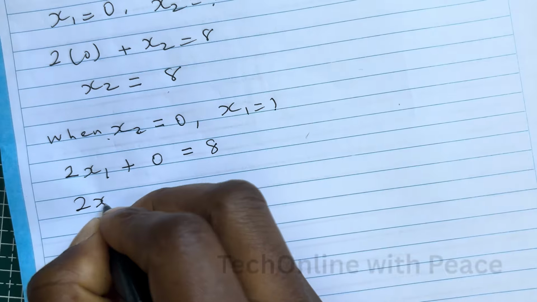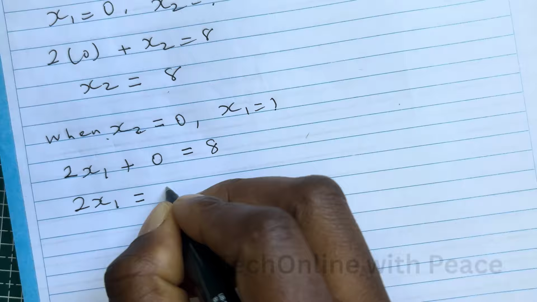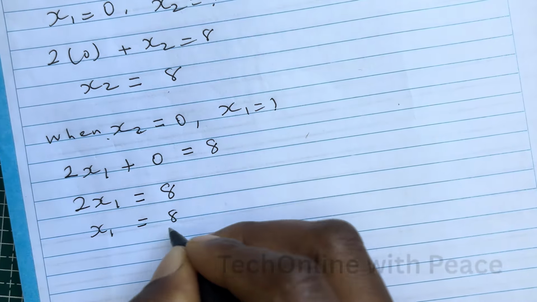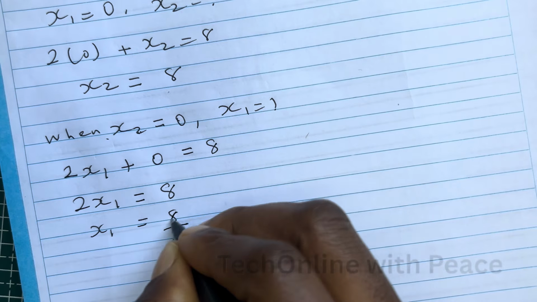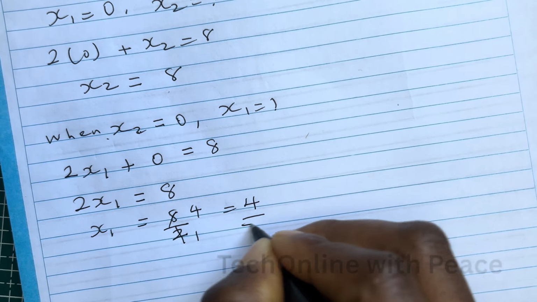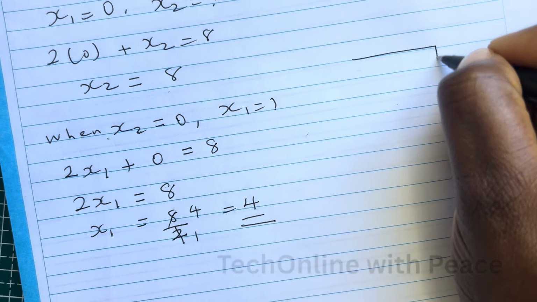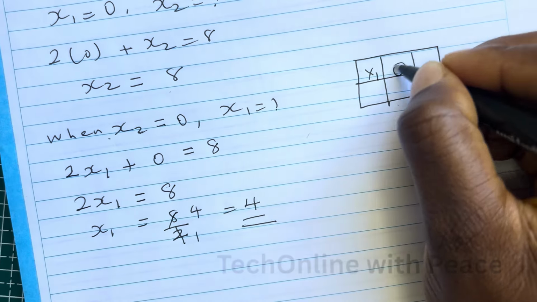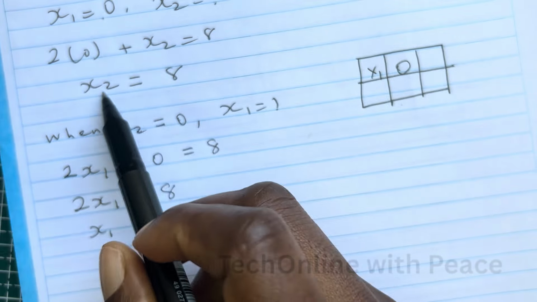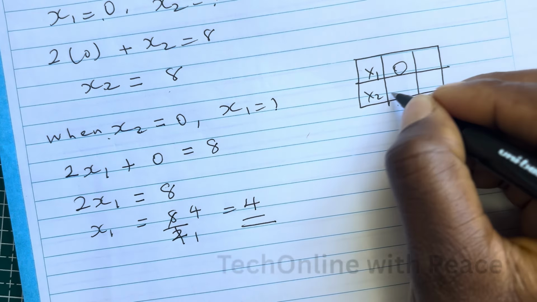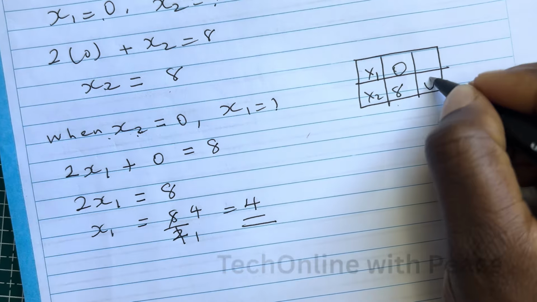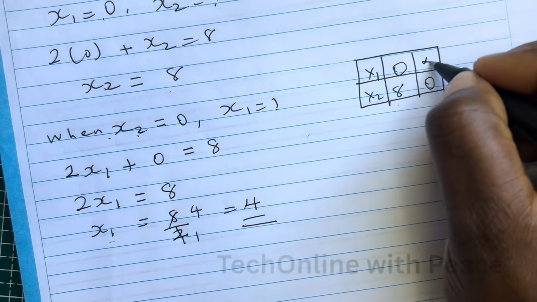Therefore, we have 2x1 equal to 8. Therefore, our x1 will be 8 over 2, which will give us 4. So here is our table. When x1 is 0, the value for x2 is 8. And when x2 is 0, the value for x1 is 4.